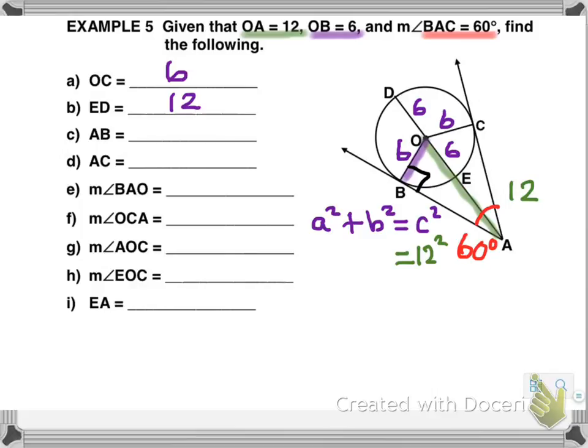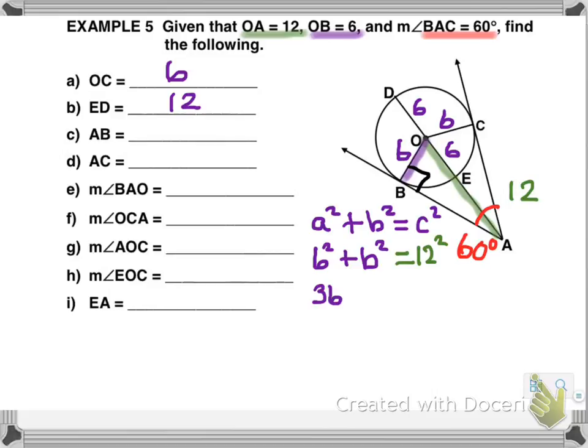Side OA of that right triangle is going to be c in our formula because it is across from the right angle. We'll then use 6 to be a, and we're looking for side b.